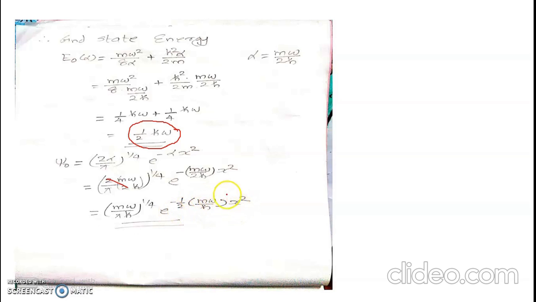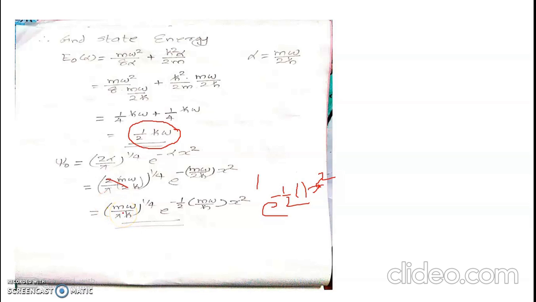Now this is exactly in the mathematical format of a Gaussian, that is e raised to minus half alpha x square, or e raised to minus half, there will be a constant term, into the square of this independent variable, say x square. So this exactly represents the ground state wave function for the linear harmonic oscillator.